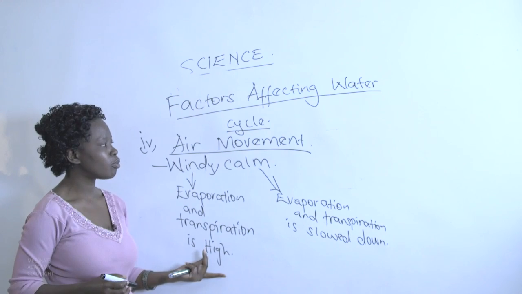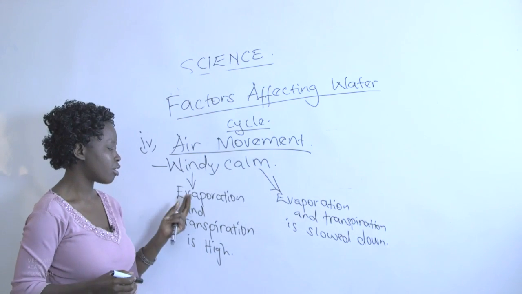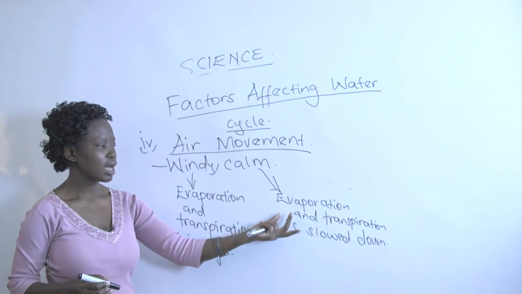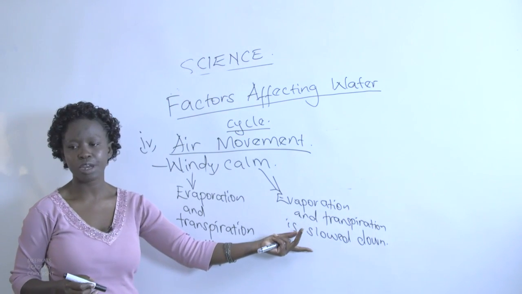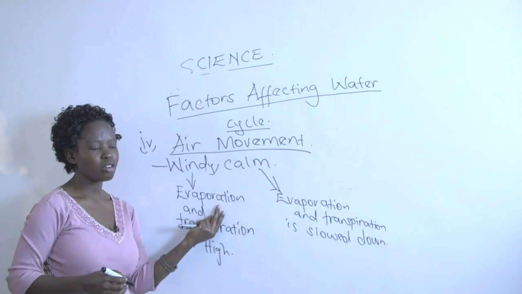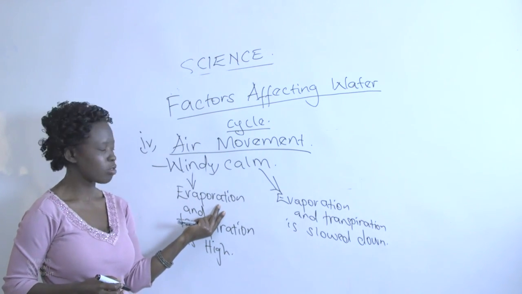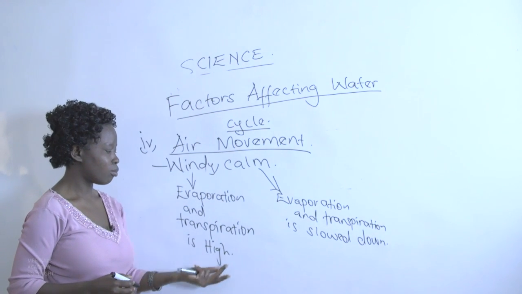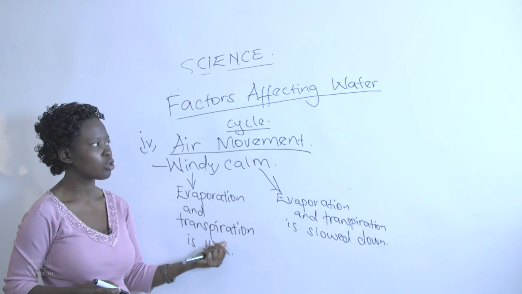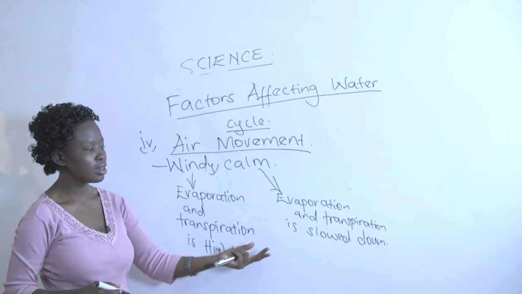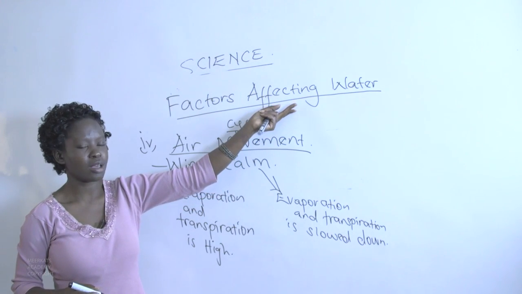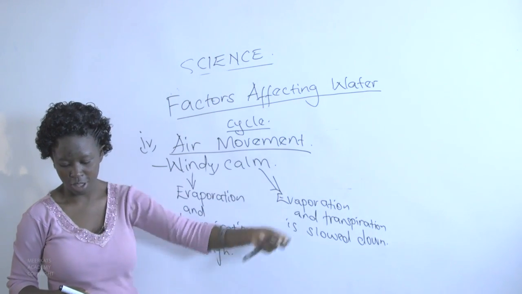When there is a lot of movement of air in the atmosphere, evaporation and transpiration is high. So a calm environment will slow down the rate of evaporation and transpiration, but a lot of movement of air will make the rate high, which in turn will affect the water cycle as a process in general.